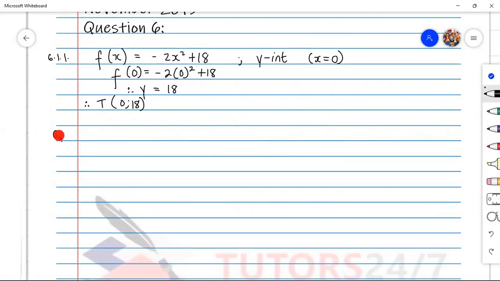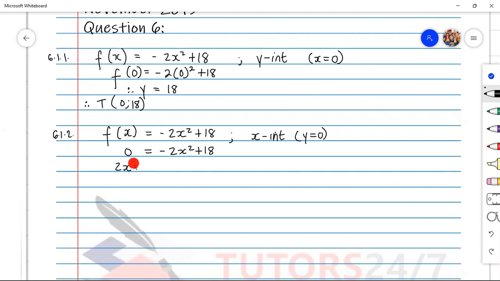So we've got 6.1.2. We've got the function f of x equals negative 2x squared plus 18, where we need to find the x-intercept, where y will be 0. So we substitute y as 0. Now we know that f of x represents y, so we're going to make that 0 equals negative 2x squared plus 18. From here, we're going to take negative 2x squared to the left.